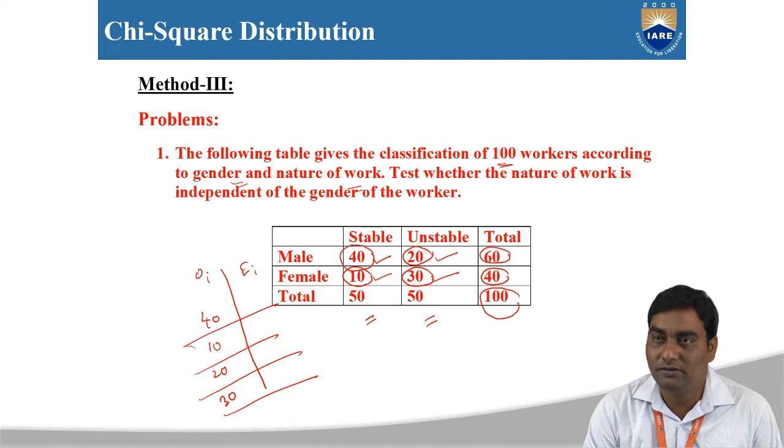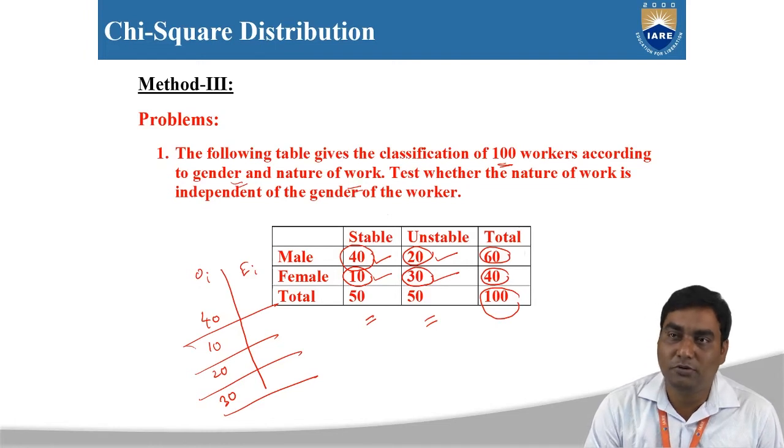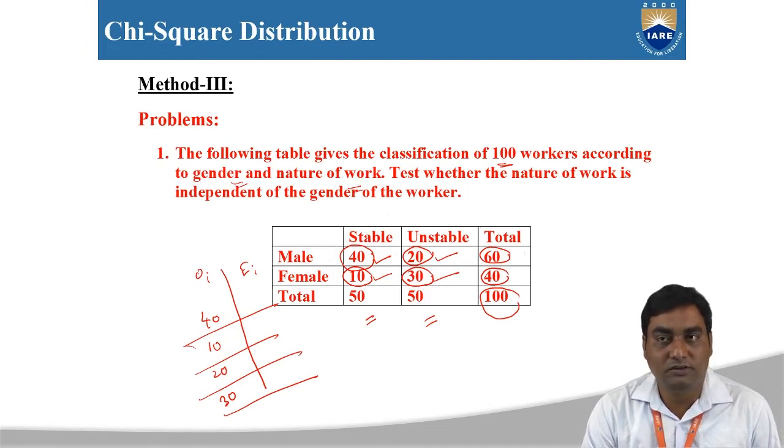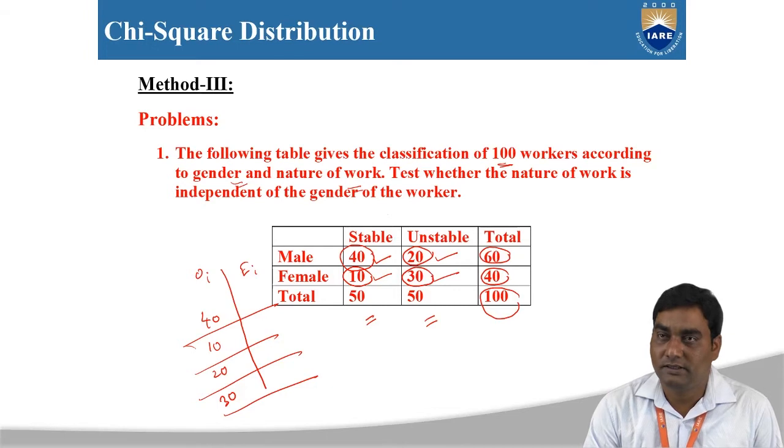In method 1, we find the average of all observed frequencies. In method 2, the problem consists of binomial or Poisson distribution, and based on that we find the expected frequency. If the problem consists of a table like this with independent attributes, we find the expected frequency in a different manner.